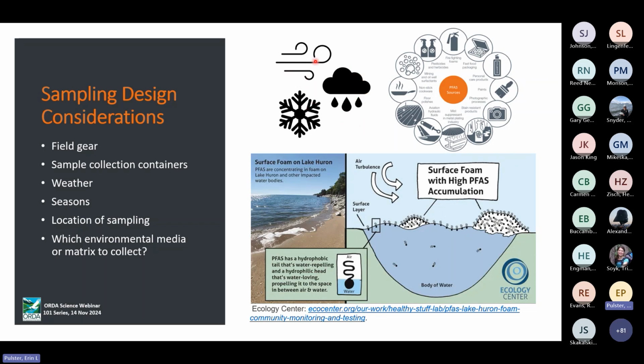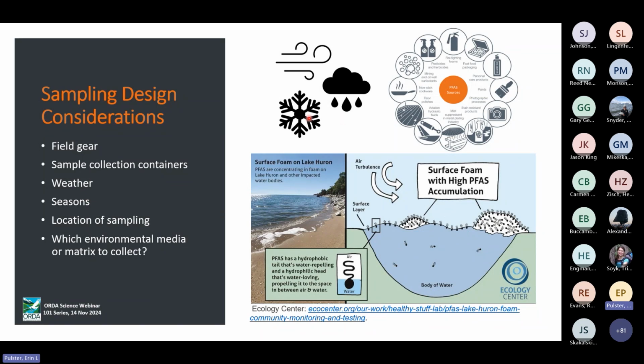Or wind: I bring up wind because if you're sampling in a lake, for instance, and the wind is blowing and you notice a pile of foam on one end, foam, again because we're at the air-water surface, accumulates high levels of PFAS. So you may want to actually be sampling the foam as opposed to over here. You might get a low bias if you sample here. Those are some of the things to consider.